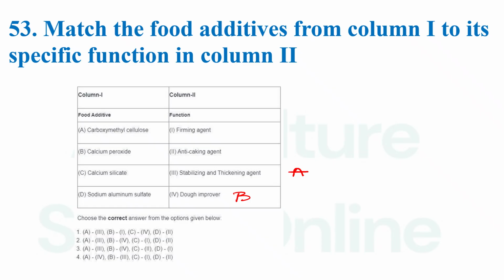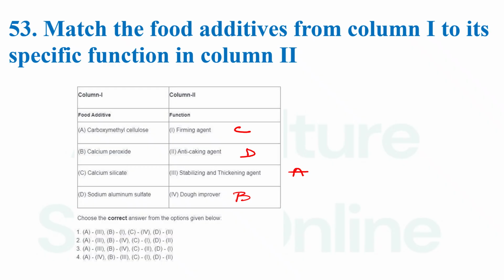Calcium silicate is a firming agent. It helps maintain the structure. Though it is commonly an anti-caking agent, over here it best suits the firming agent. And sodium aluminium sulfate is a good anti-caking agent which prevents clumping in powdered foods basically.